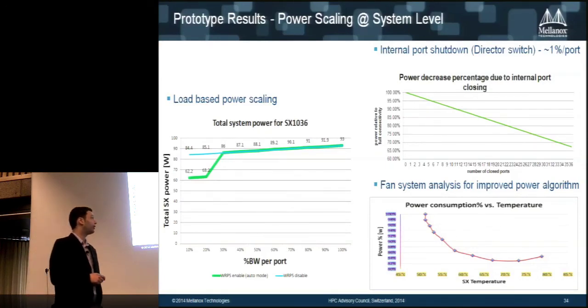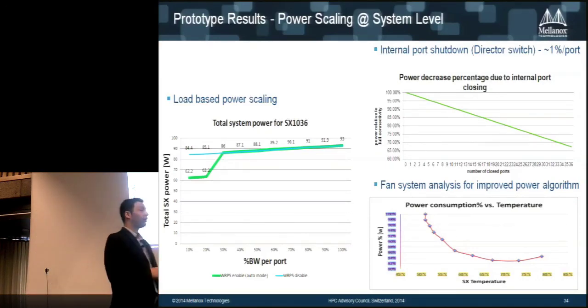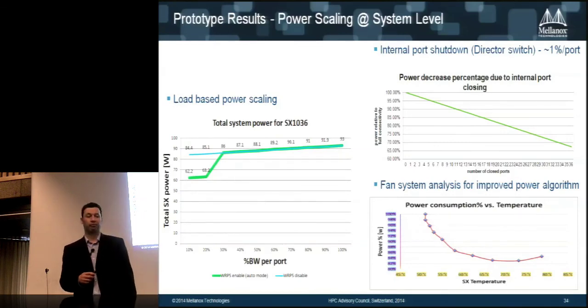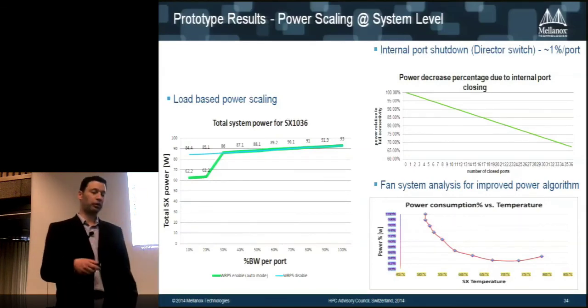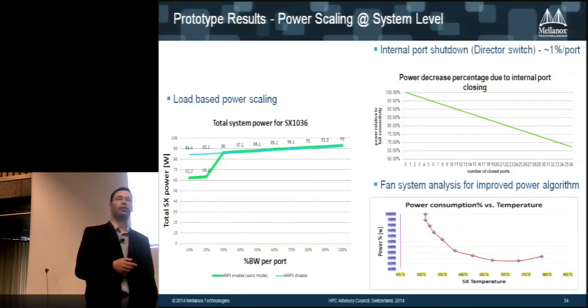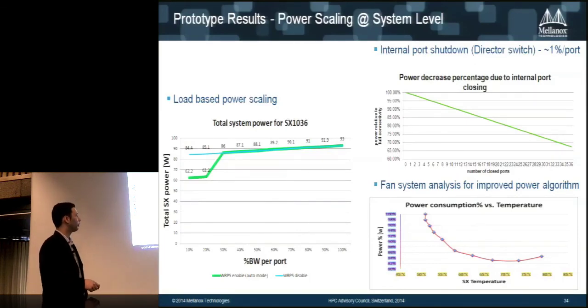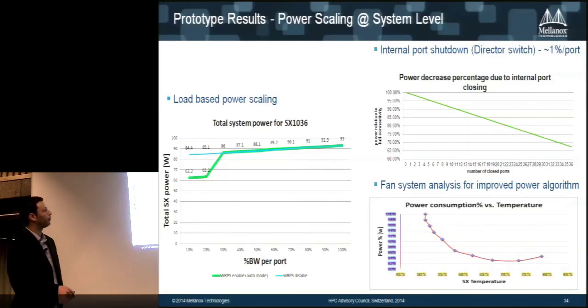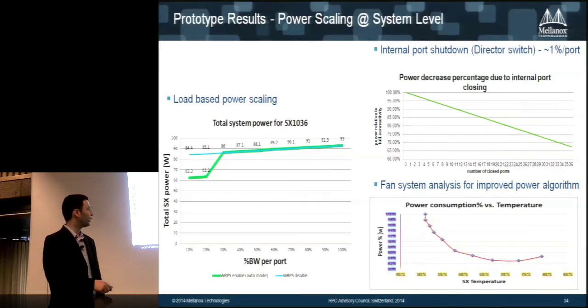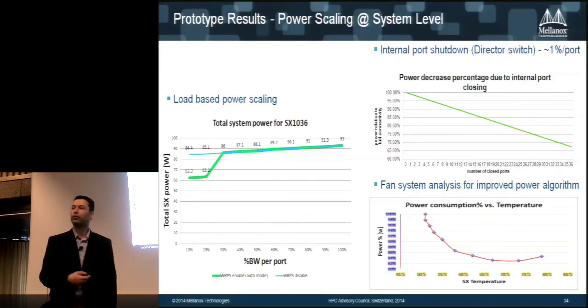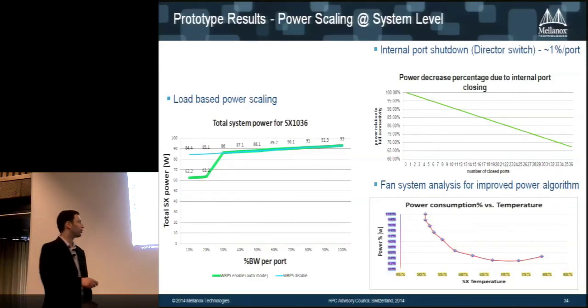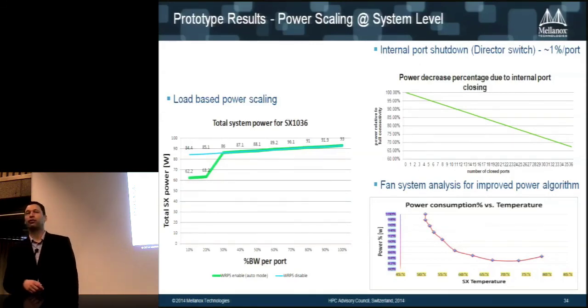And last thing is about the fan systems. It's funny, but the fan, when you turn it fast, it takes a lot of power. So basically this one shows the temperature of the switch. Once you try to cool down the switch, if you go left on this graph, you turn the fan really fast in order to put the switch into a very low temperature.